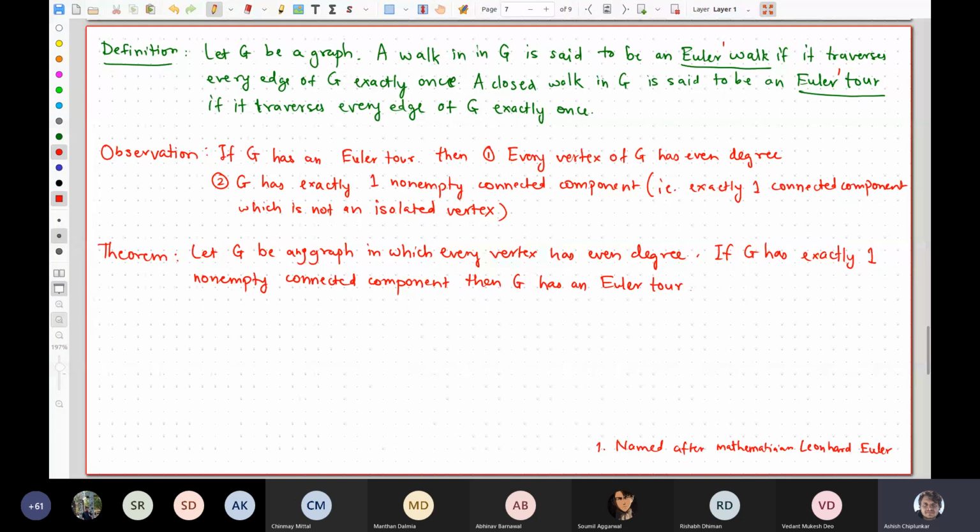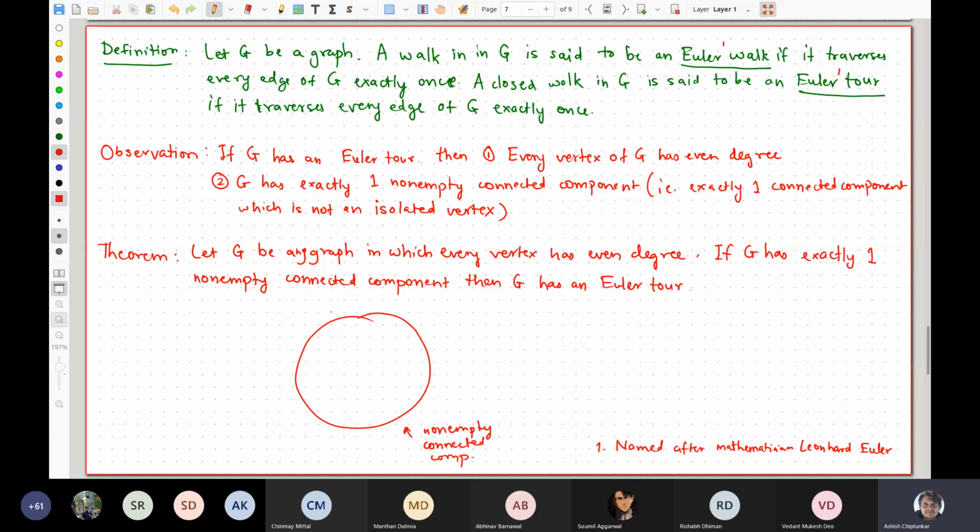You have this non-empty connected component in which every vertex has even degree. Does that tell you something about the existence of some kind of an object within that connected component from whatever we have learned so far?